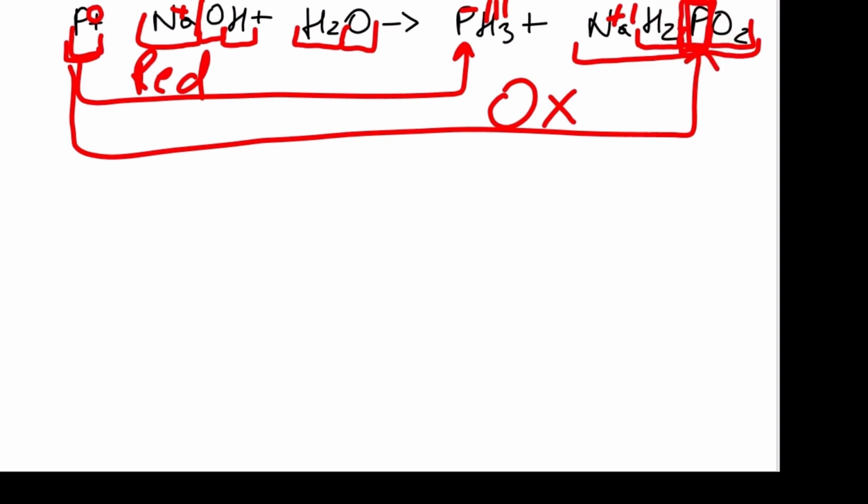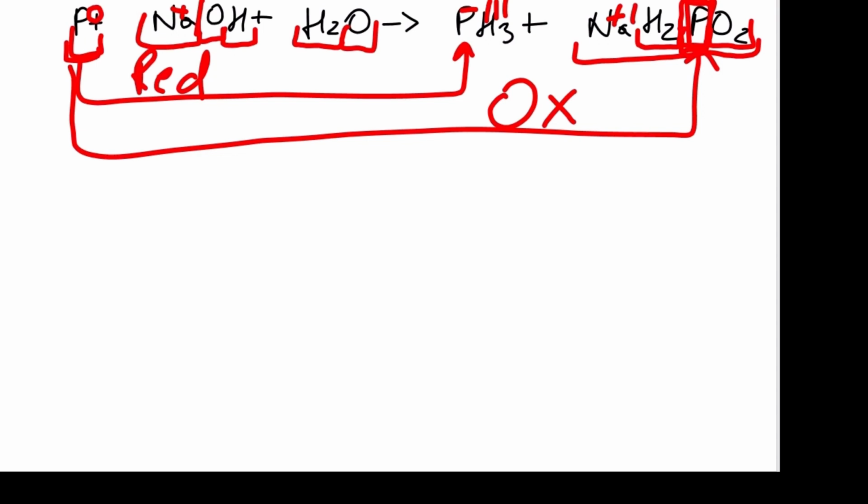So let's see that the same atoms of phosphorus, which stand alone, undergo reduction as well as oxidation reactions. This kind of redox reaction is called a disproportionation reaction.